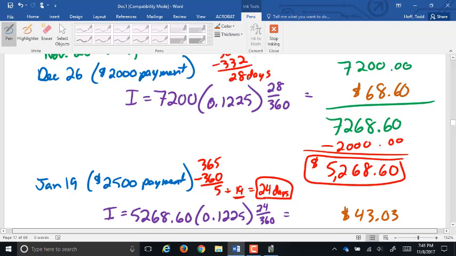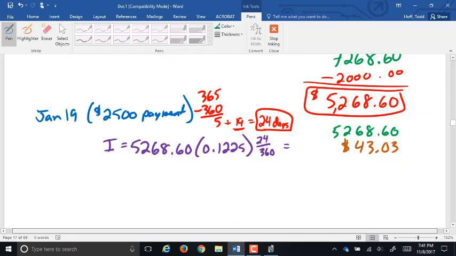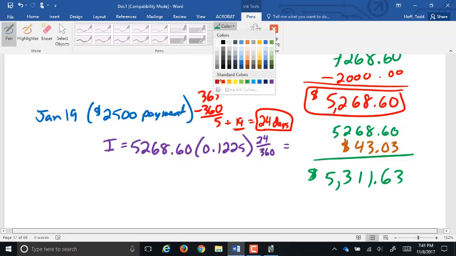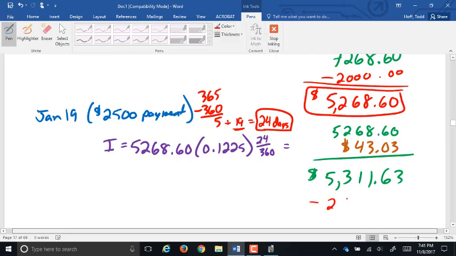So to that, we're going to add that to, of course, the $5,268.60, which gives us a balance before our payment of $5,311.63. And we will subtract $2,500, which gives us $2,811.63.